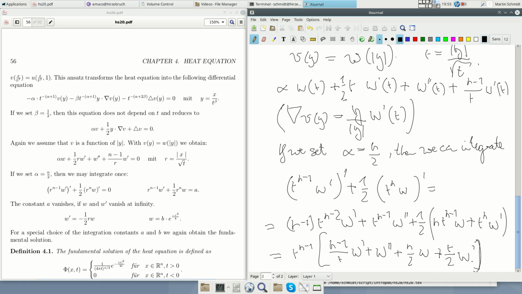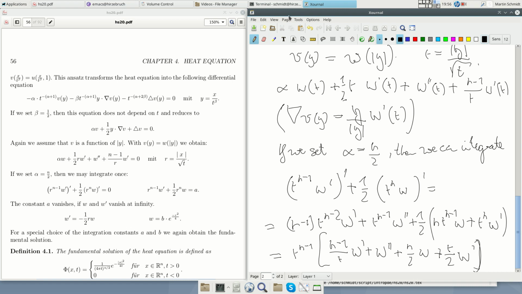This is what we get. Now let's compare it here. We see this term is this term, this term is this term, this term is this term. And this term is indeed this term, if alpha is equal to n/2. So we indeed get that this is 0.